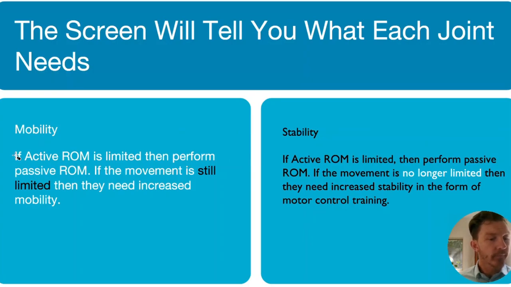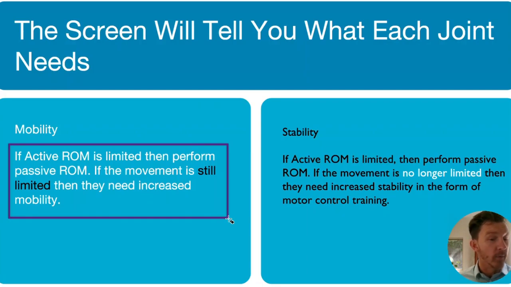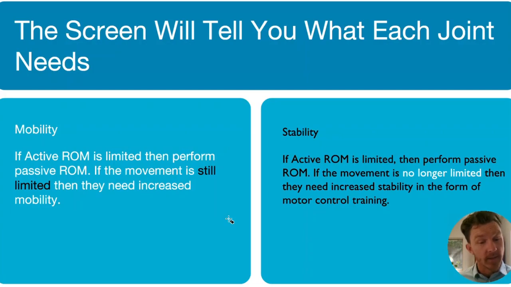If active range of motion is limited, then perform passive range of motion. If the movement is still limited, then they need increased mobility. That basically means they're limited in both active and passive range of motion. So the challenge is mobility, and we need to increase the mobility, assuming we're working on a joint that's supposed to be mobile.